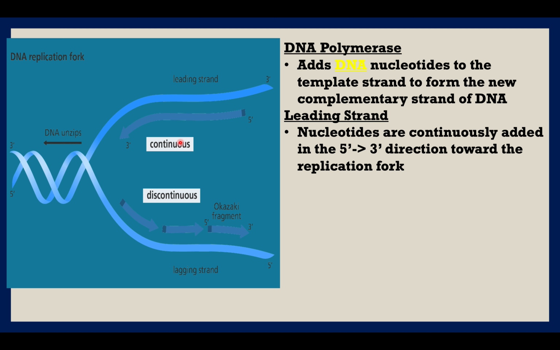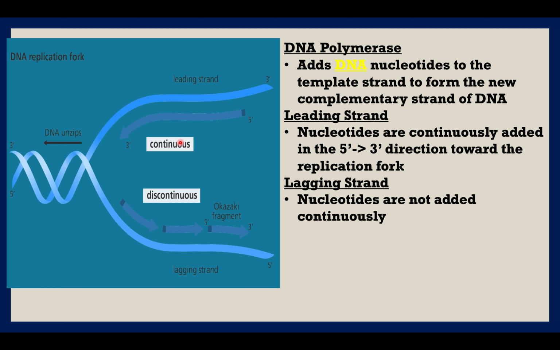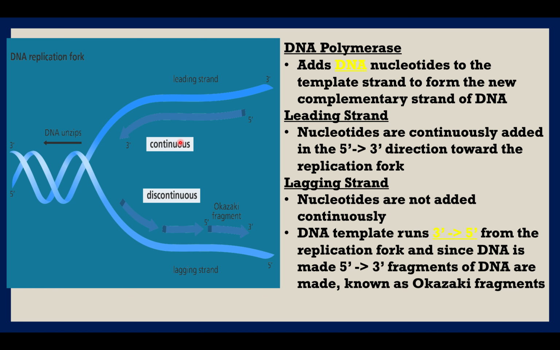Now, the lagging strand, on the other hand, is discontinuous. Let's understand why. Nucleotides are not added continuously in this strand. The DNA template runs from 3' to 5' from the replication fork, and since DNA is made from 5' to 3', fragments of DNA are made, known as Okazaki fragments.